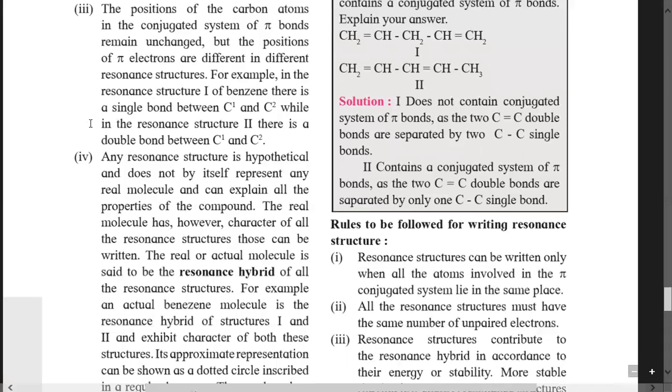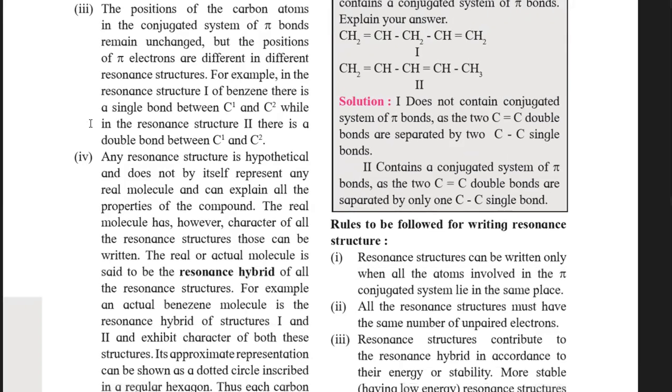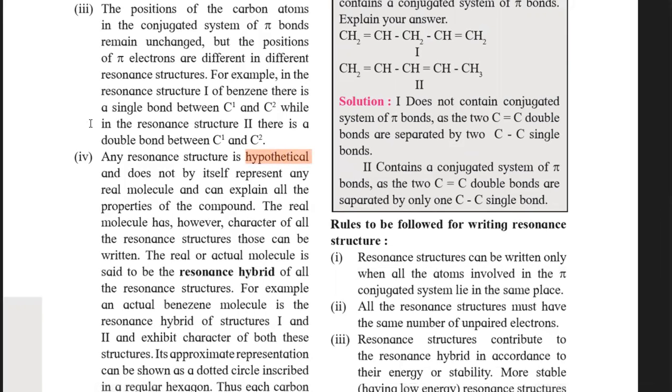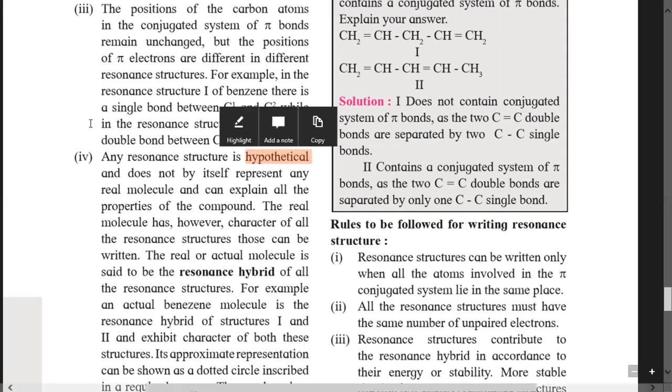Then the fourth point given in the resonance theory is that all these resonance structures are hypothetical. The real structure is only one, and all these structures, written by the difference in the pi electrons, are called hypothetical structures.